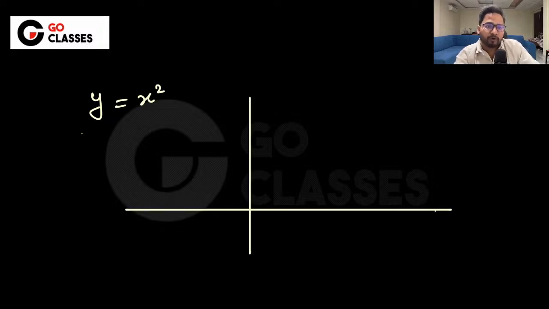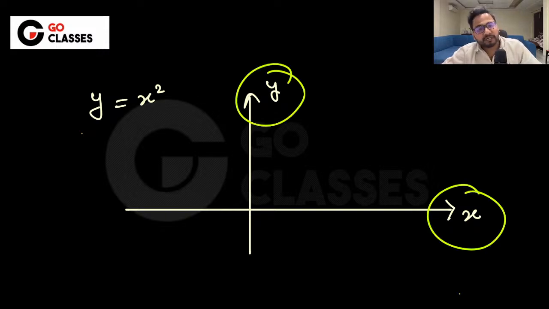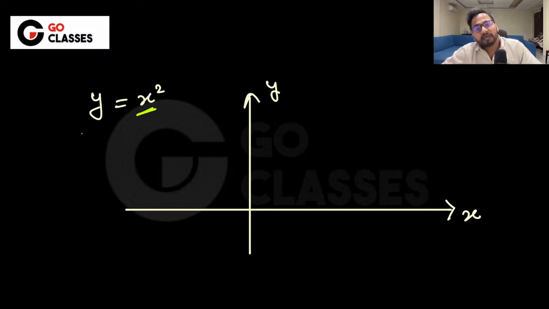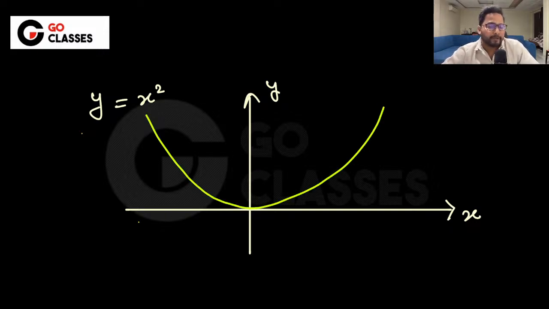Why? Because one axis will be taken by x and another axis will be taken by y. So there are two axes. If the function has just one variable, you still represent it in 2D, right?